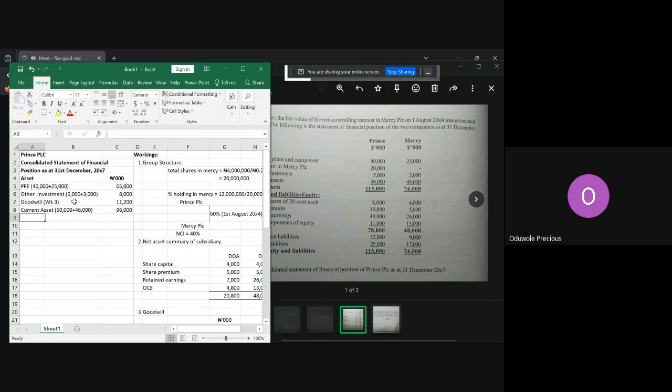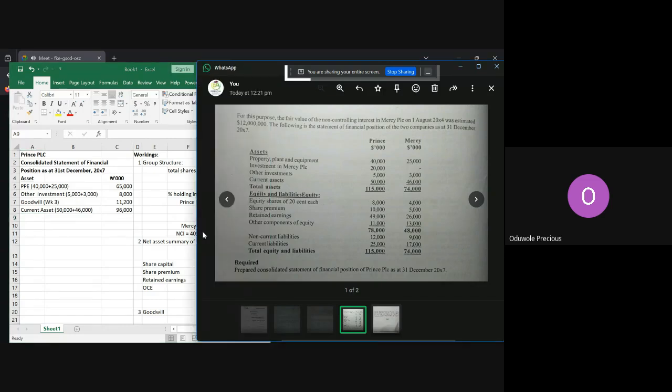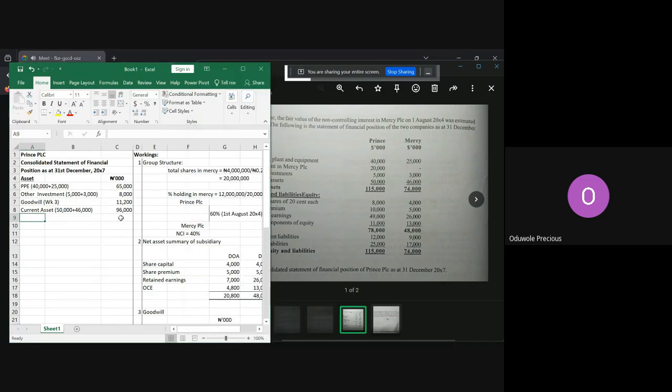Okay. So after that, I think that's all for the assets, right? That's all for the assets. Yes, that's all.